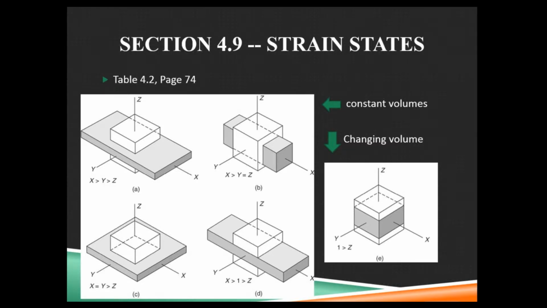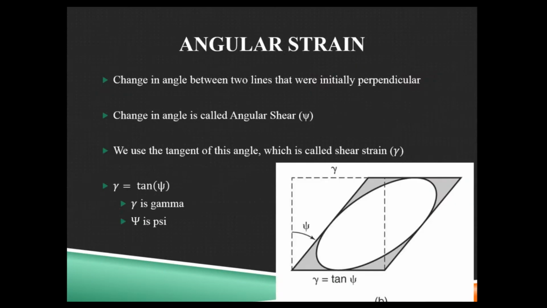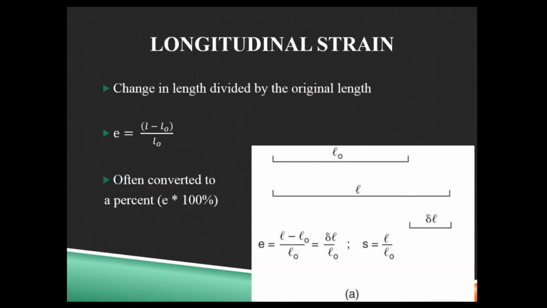In the Z direction, minor correction here, elongation is less than 1. It's not negative. We go back to the equation for elongation.